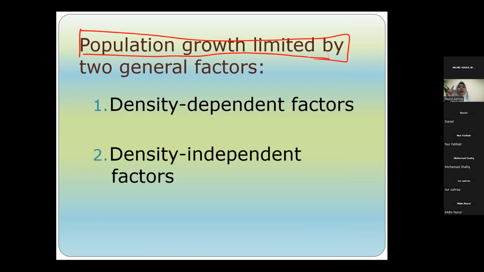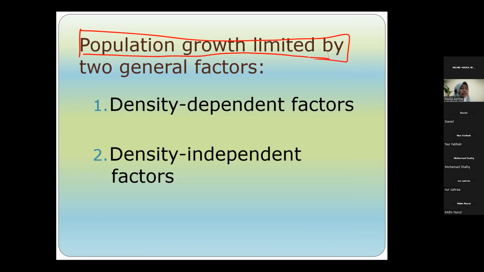Kalau tadi growth curve ada dua, population growth curve, logistic or exponential. Now population factors that limit population size, population growth or population distribution, also divided into two. They are density dependent factors and density independent factors.